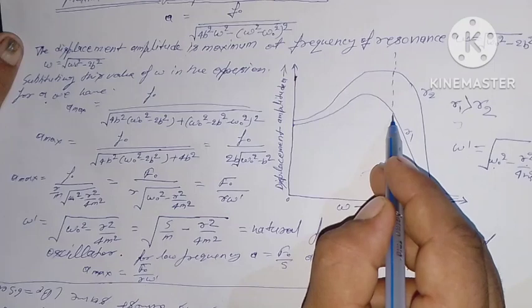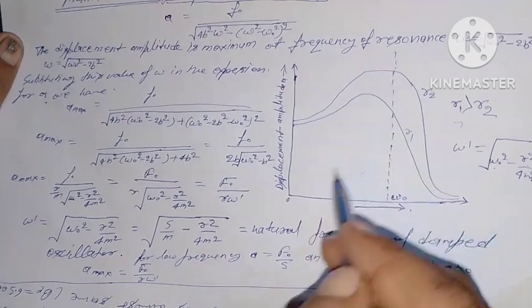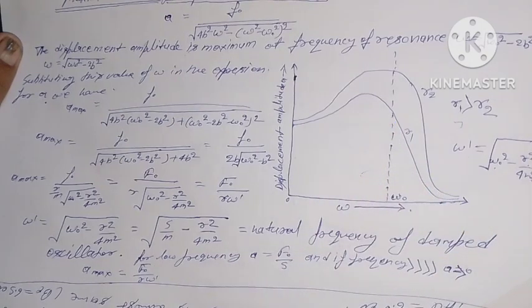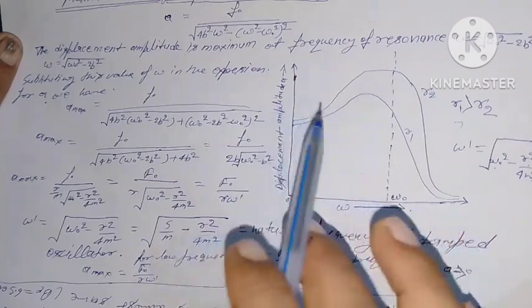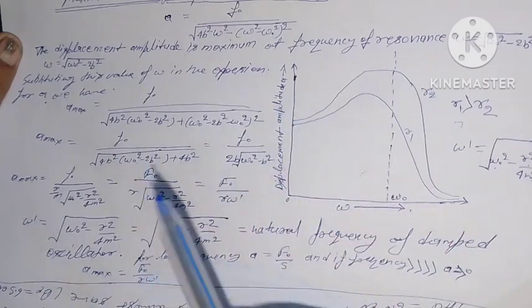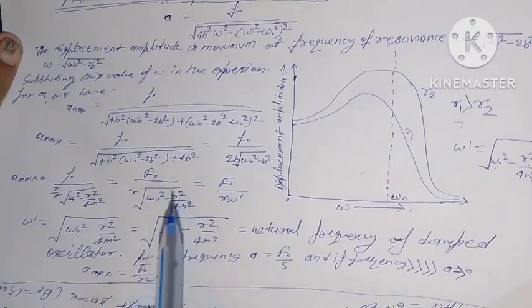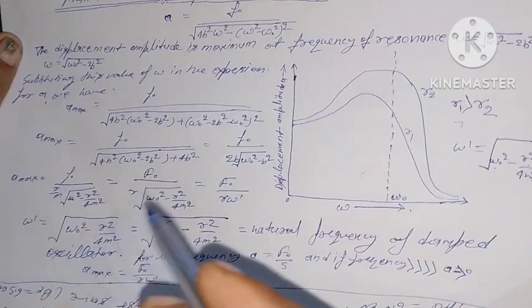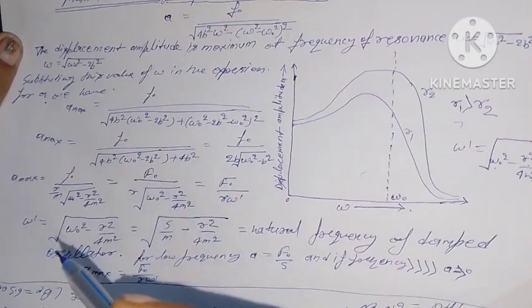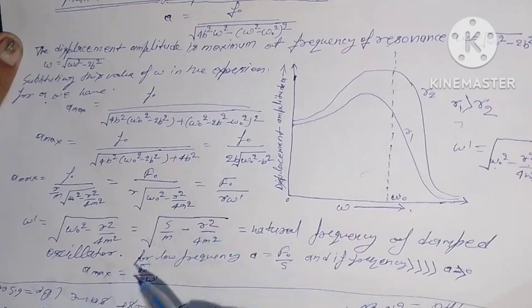R1 is greater than R2. When the frequency of the external periodic force is equal to the natural frequency of the body, the external periodic force helps to increase the amplitude of vibration of the body at each step, as the applied force is always in phase with the vibration of the body.